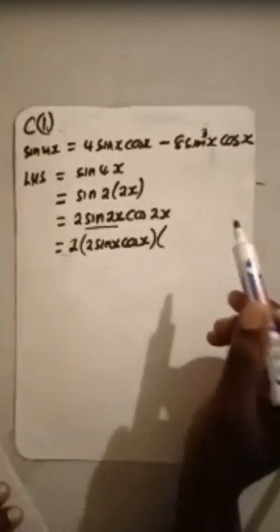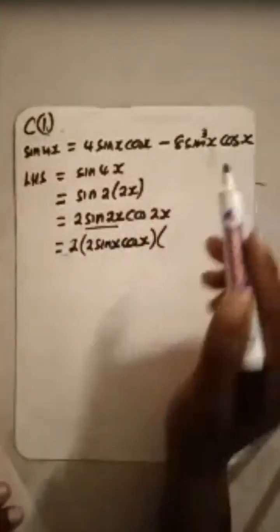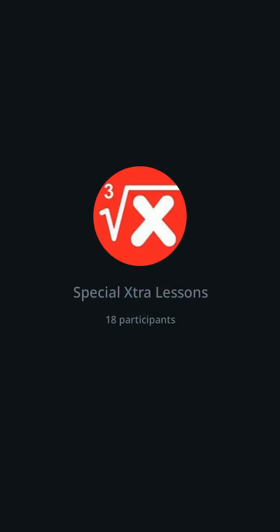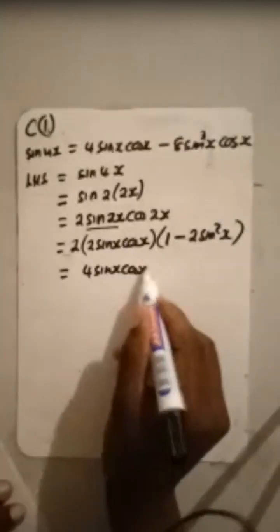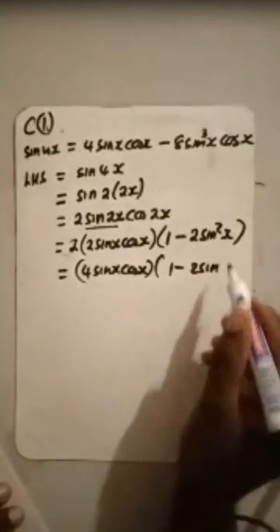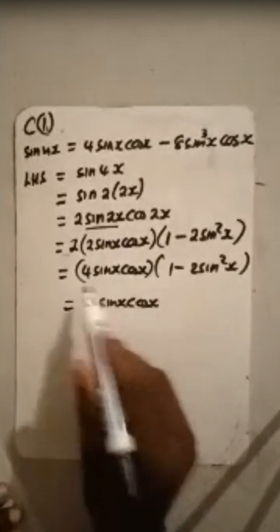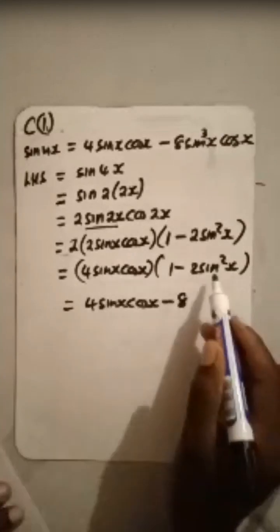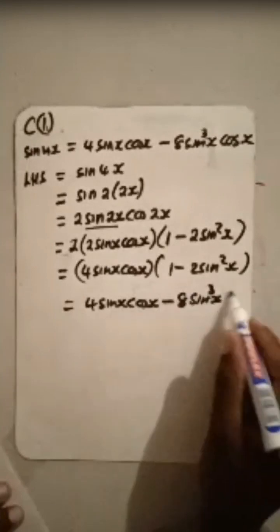Where do I want to go? Just to check, I already have 4 sine x cos x, so I am going to use 1 minus 2 sine squared x for cos 2x. Then 2 times that gives 4 sine x cos x into 1 minus 2 sine squared x. 4 sine x cos x multiplied by 1 is 4 sine x cos x. 4 sine x multiplied by negative 2 sine squared x gives negative 8 sine cubed x, then multiplied by cos x.